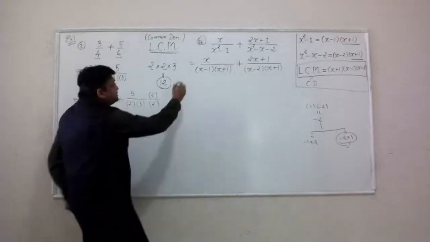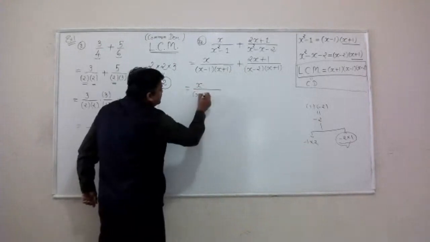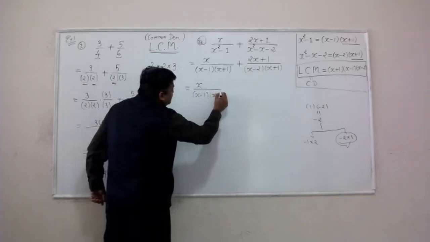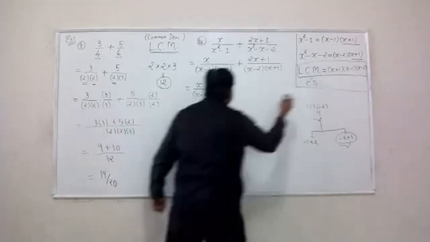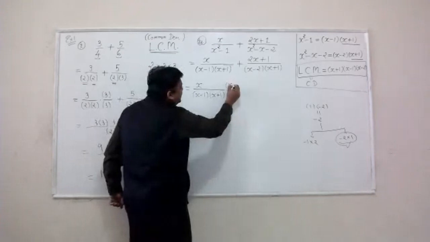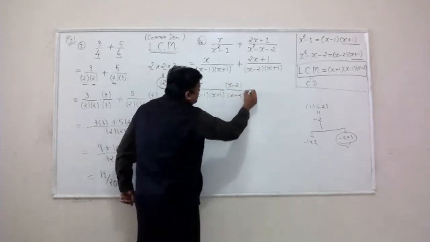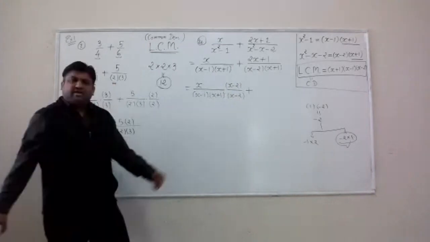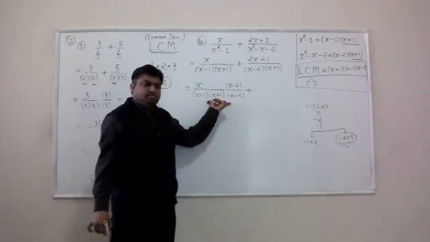All right. So look, I have x over x minus 1, x plus 1. What's missing from this product is x minus 2. So I'm going to multiply and divide it by x minus 2. All right. The entire least common multiple is visible under the first term.